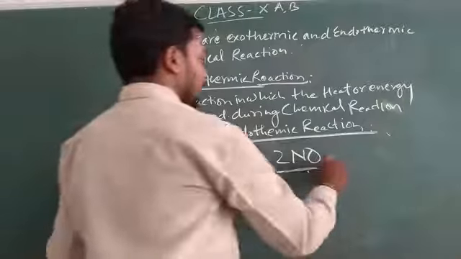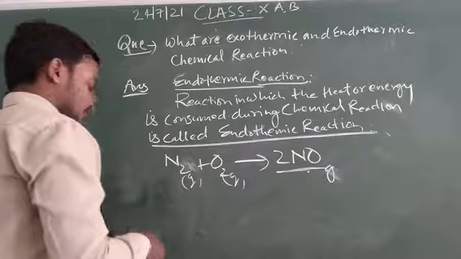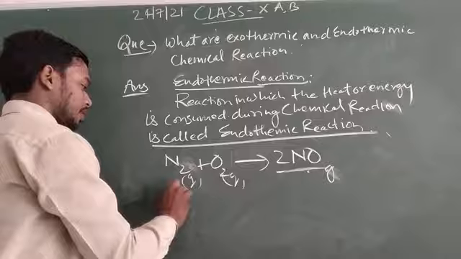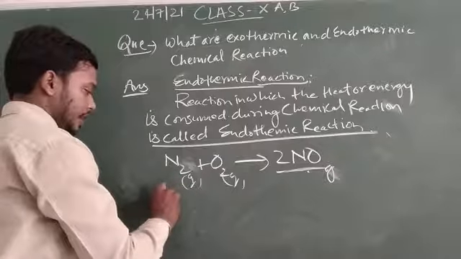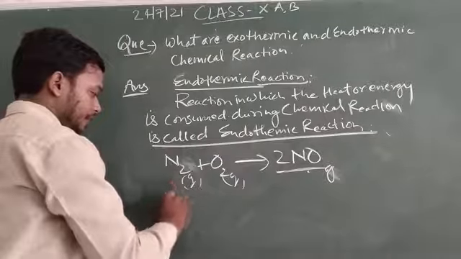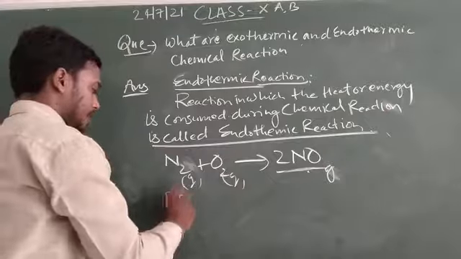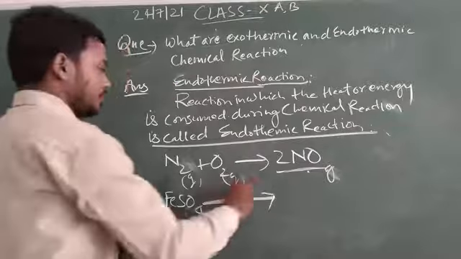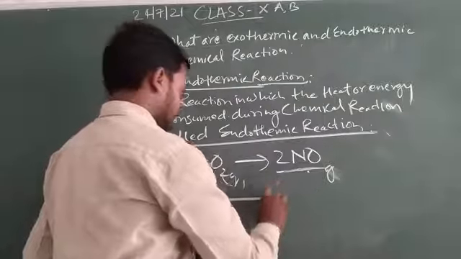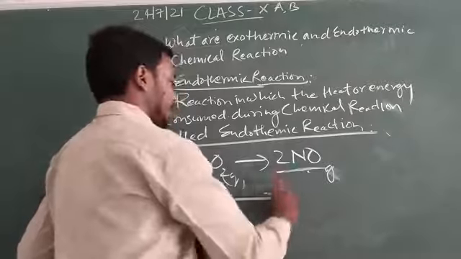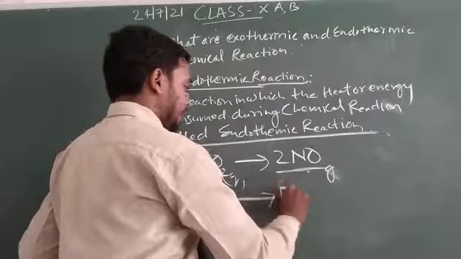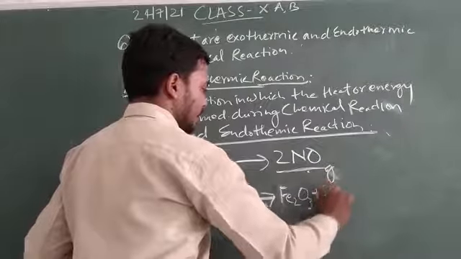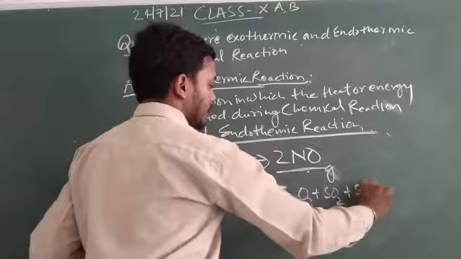Here is another example: FeSO4 will be broken down into Fe2O3 plus SO2 plus SO3.